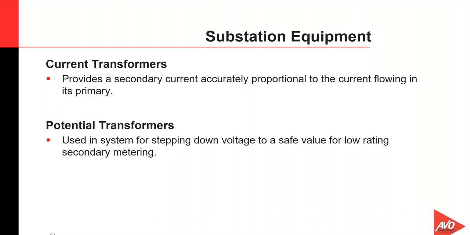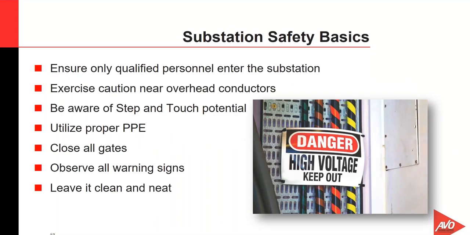So qualified person, 70E talks about a qualified person, and it's a full-fledged paragraph, and it talks about what the qualifications are and what makes a qualified person a qualified person. So let's make sure that we put the right people inside of that substation. The next one is going to be exercising caution near overhead conductors. So that's important.